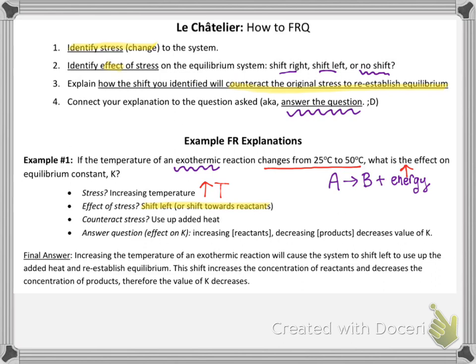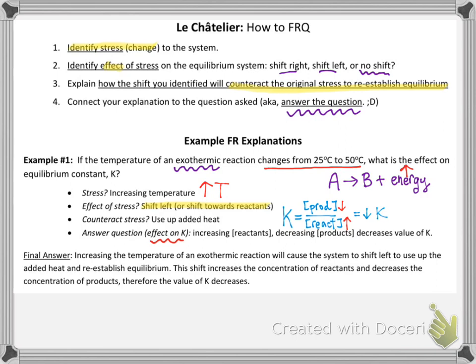Why will that help us reestablish equilibrium? Well, it's using up some of that additional heat. Now, of course, you still have to answer the question. They asked for the effect on K. Changing the temperature does, in fact, change the numerical value of K. But if you increase reactants and decrease products, and you're looking at a product-to-reactant ratio, this is going to decrease the value of K. And now you just put it all together.